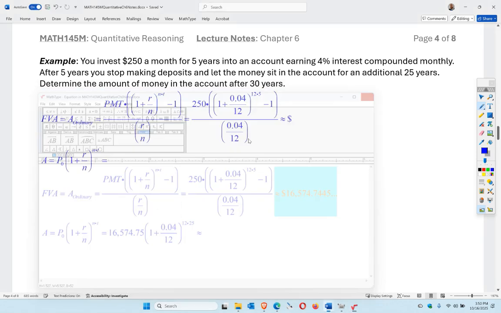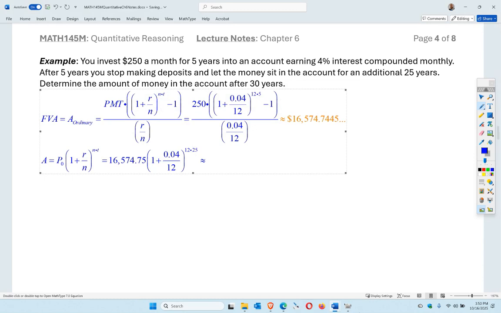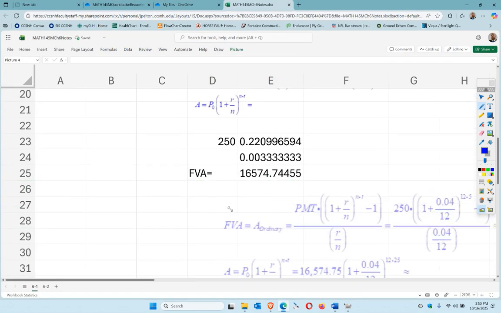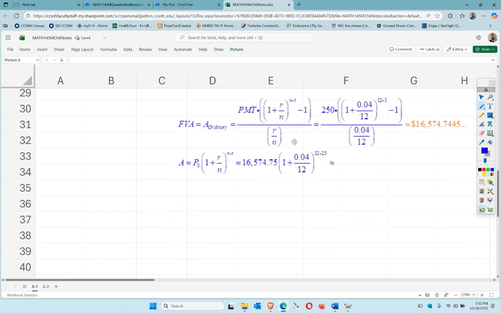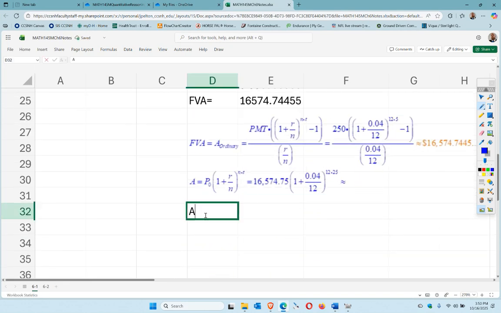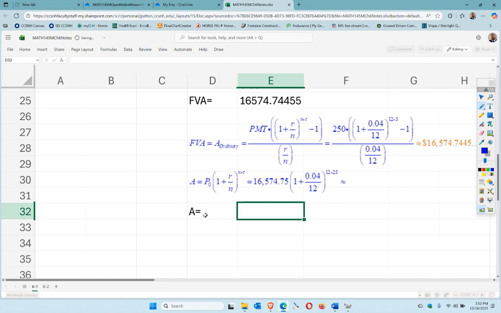Okay, so we're going to take this to the spreadsheet now, and we'll scroll down a little bit. A equals 16,574.75. We've got to put an equals in there, I screwed that up. Equals, okay.